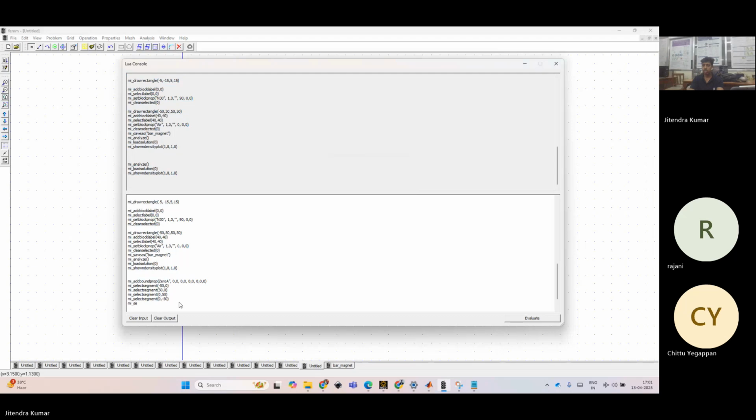So set segment. Okay, so again, what does this mesh size, this second one is the mesh size, which will be automatic, right? This is again number of turns and boundaries, which I have commented everything.